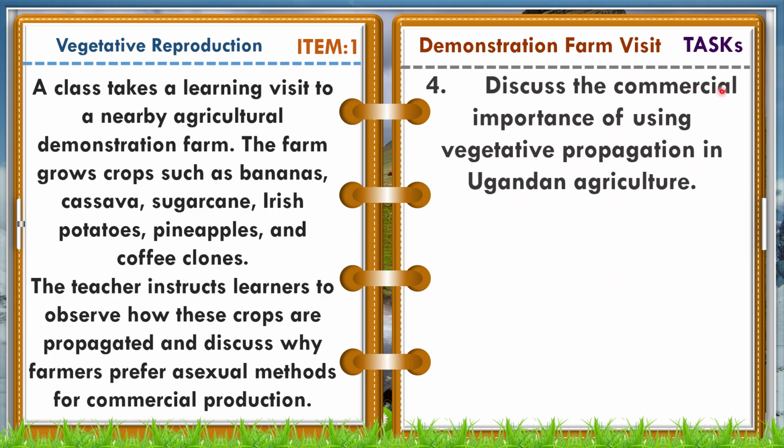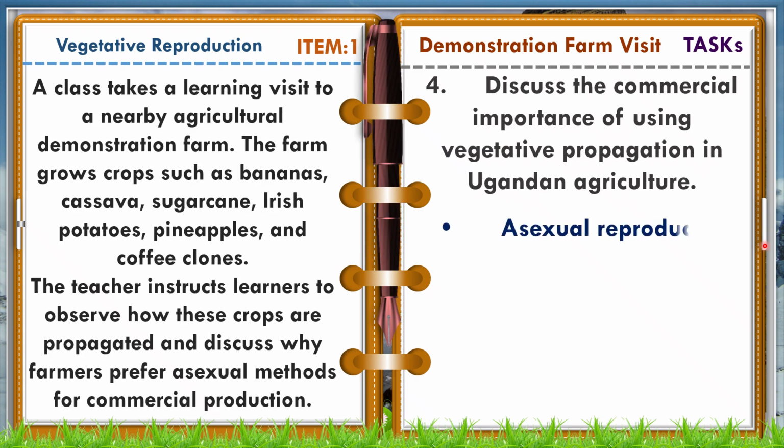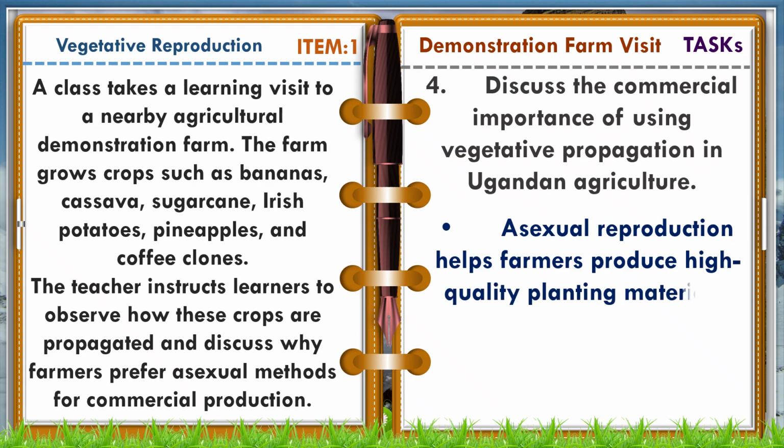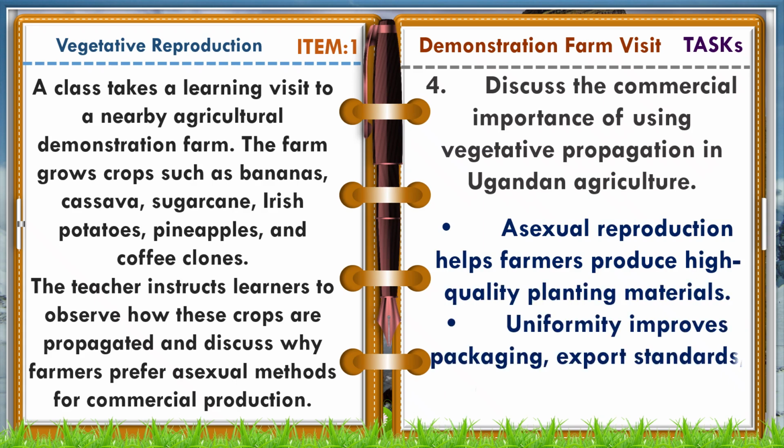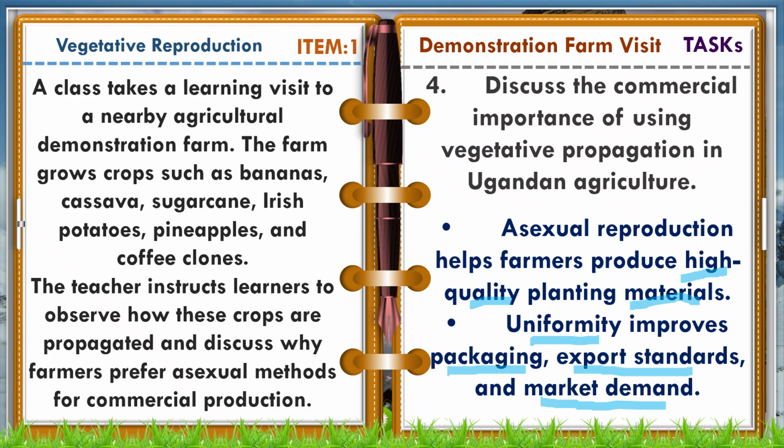Discuss the commercial importance of using vegetative propagation in Ugandan agriculture. Asexual reproduction helps farmers produce high-quality planting materials. Uniformity improves packaging, export standards, and market demand.